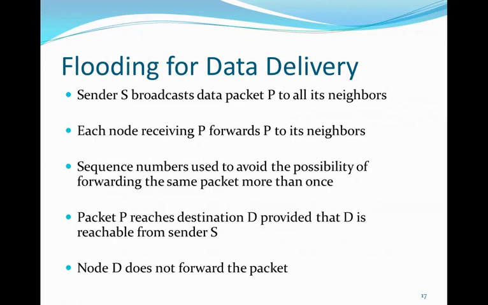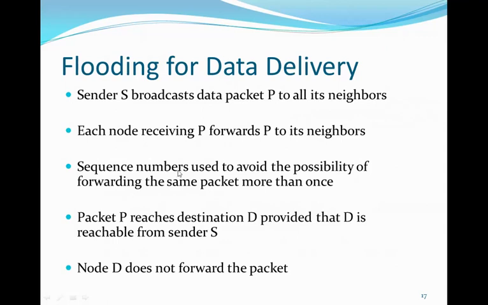Sometimes there may be duplication of these packets, but it is very important that we have a sequence number in these packets or frames, based on which the node can identify whether it has received and processed that frame earlier or not. So sequence numbers are used to avoid forwarding the same packet again and again, or more than once.